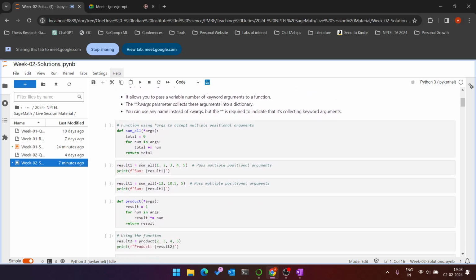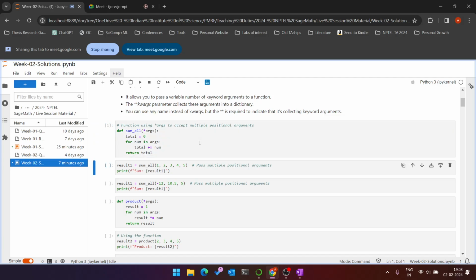An example of the same is this function that I have written, called sum_all, which uses star args as the argument placeholder. For each number in args, we add it to the total, which was initialized to 0 at the beginning, and then we return the total.